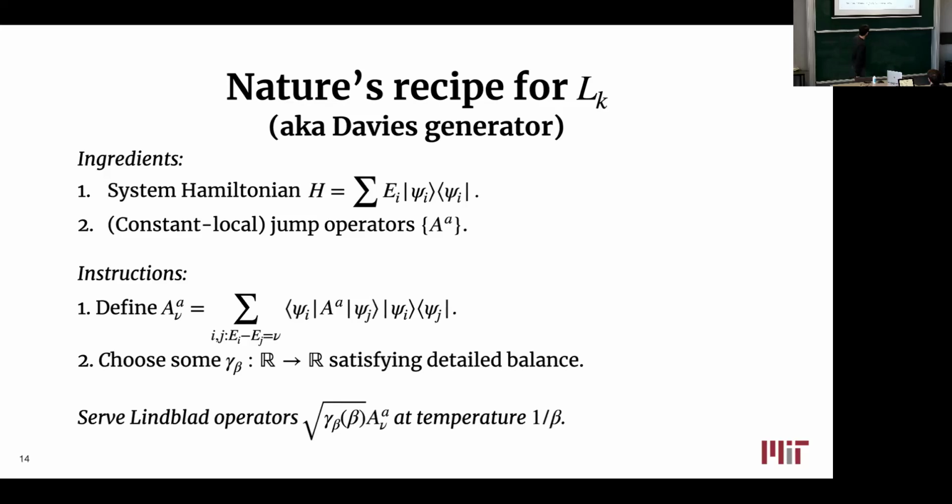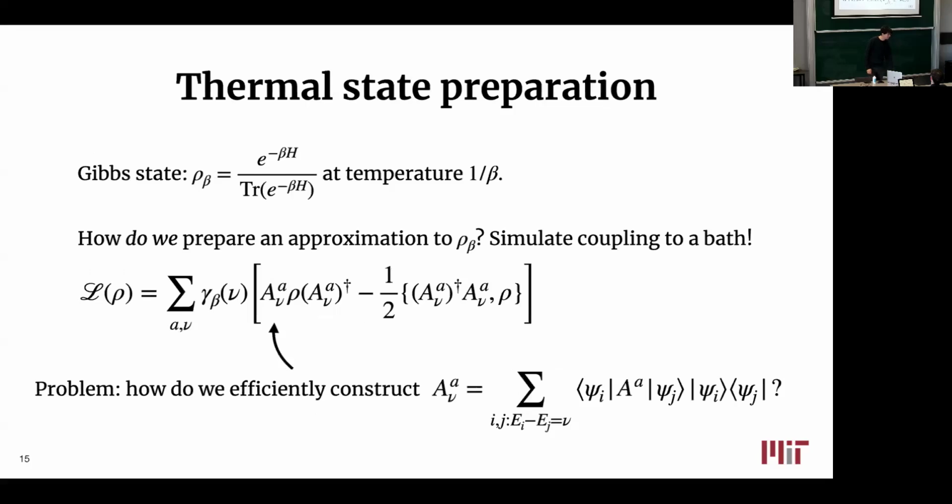And your temperature is set only by this gamma function. So if you evaluate this coupling of system to bath, this is the Lindbladian you're going to get. It's just going to have your gamma times A_nu^a's. So okay, now you want to do this on a quantum computer. Well, there are all sorts of ways to do Lindblad evolution.